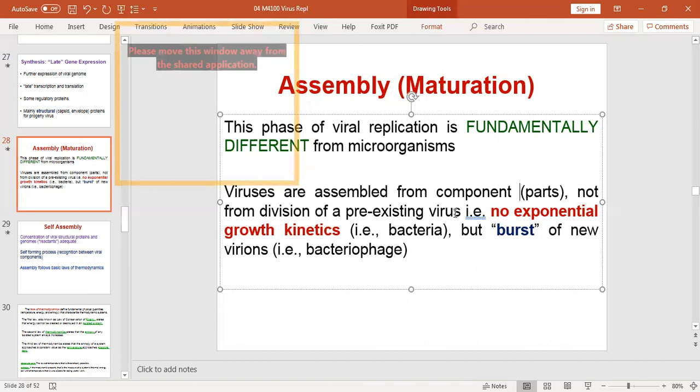In other words, in viruses, unlike bacteria, we do not have exponential growth kinetics, but we have bursts of new virions. And viruses that infect bacteria are called bacteriophages. So viral particles are being made, and when they assemble or mature, this assembly occurs from components or parts and not from pre-existing viral particles.